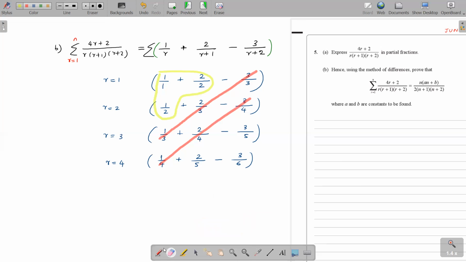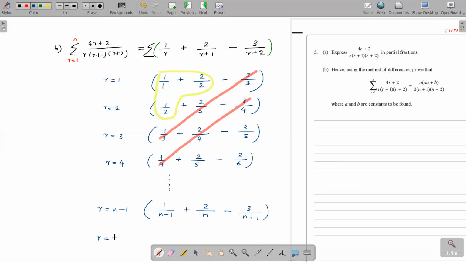Okay, let's start. So in the middle, we'll put the line. r equals n minus 1. So 1 over n minus 1, 2 over n minus 1 plus 1, which becomes n, minus 3 over n minus 1 plus 2, which is n plus 1.